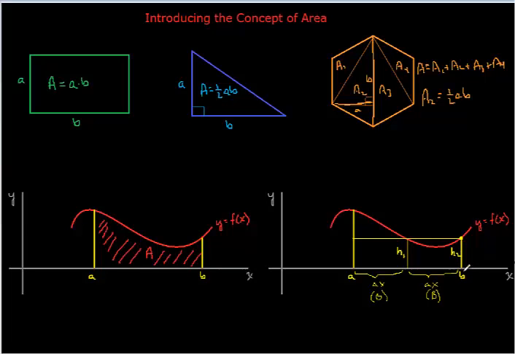Here we have b, that's our x value. The height is simply f of b. That's because at x equals b, the height goes up to the curve. Anything on the curve, you just plug in the x value and you get the y value. Plug in b for x, f of b, and that's your y, or your height.